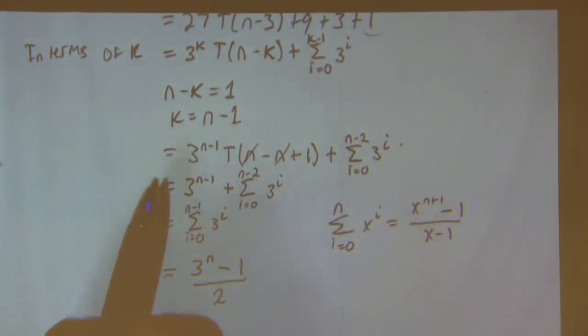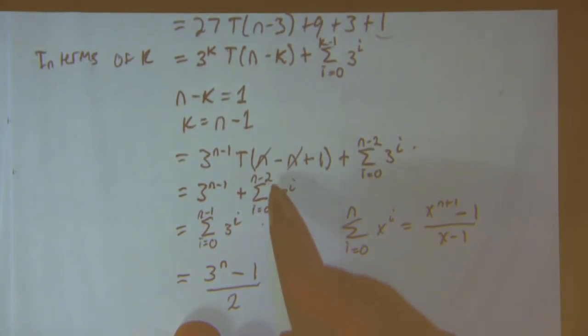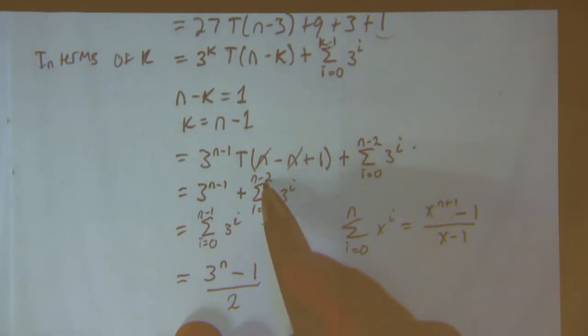Here? That one? So this summation is from i equals 0 to n minus 2, right? And so when we expand out these terms, we're going to get 3 to the 0, 3 to the 1, 3 to the 2, all the way up to 3 to the n minus 2. And do you see how we're just adding the next term?